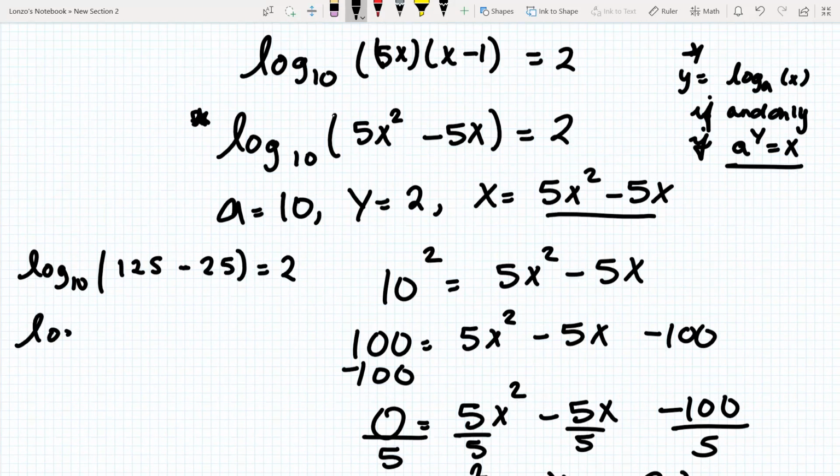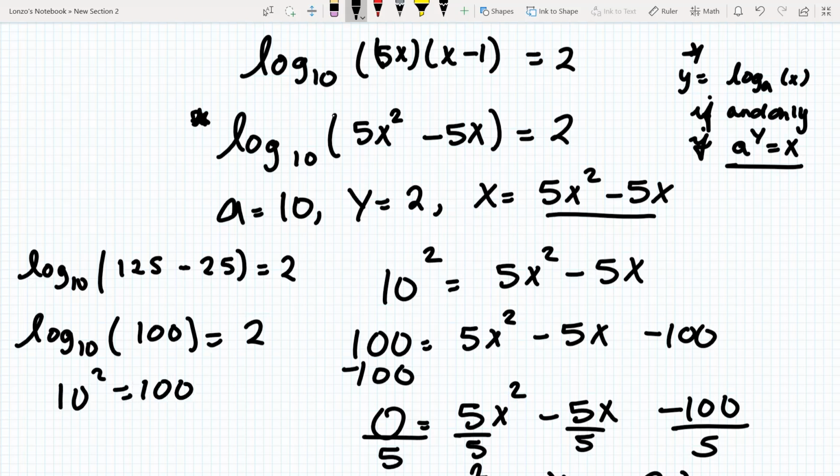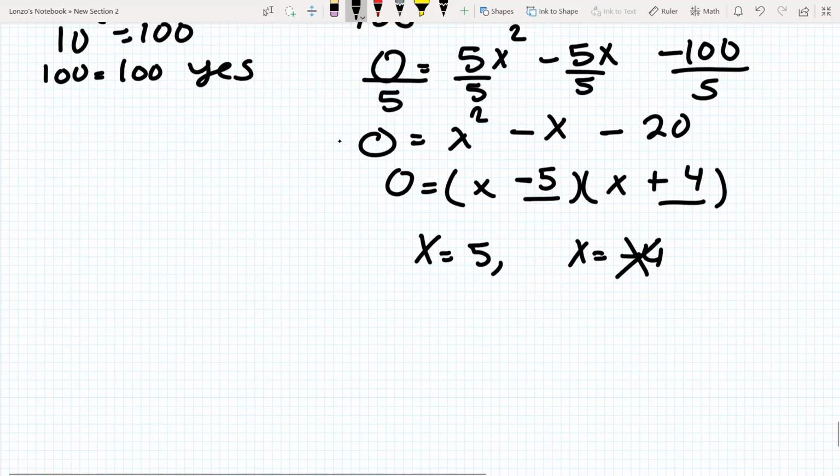So we have log base 10 of 125 minus 25, that's 100, equals 2. This is equivalent to the power rule, a to the y equals x. So it's like saying 10 to the second equals 100. Is this statement true? 100 equals 100? Yes, that's true. And then we can conclude that x equals 5.